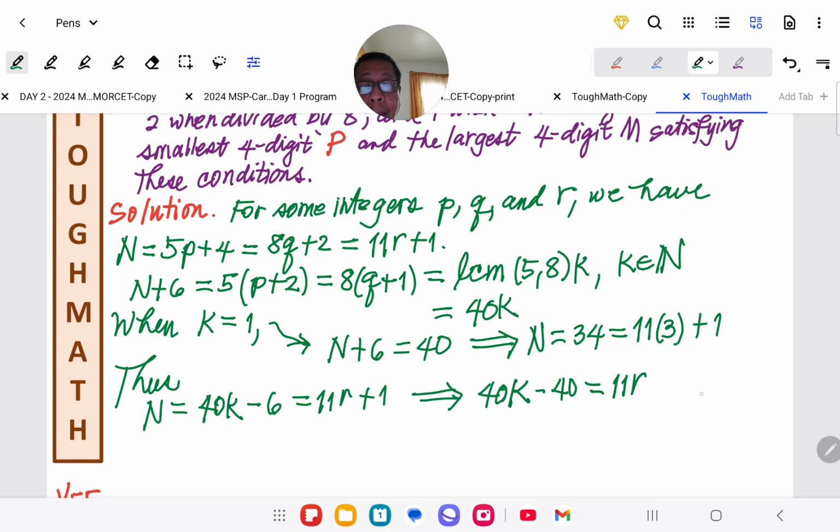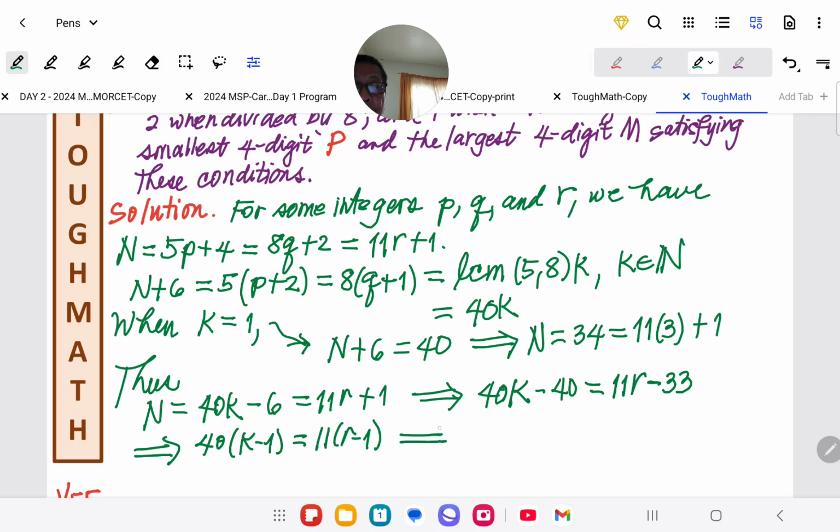When you subtract 34, then you have minus 33, from which we obtain 40 times k minus 1 equals 11 times r minus 1, which gives us the ratio and proportion: k minus 1 over 11 equals r minus 1 over 40.